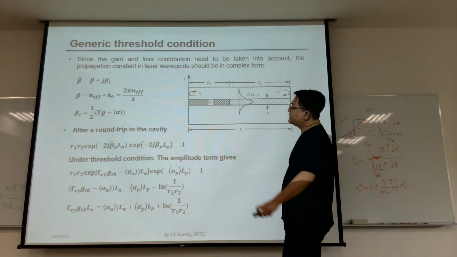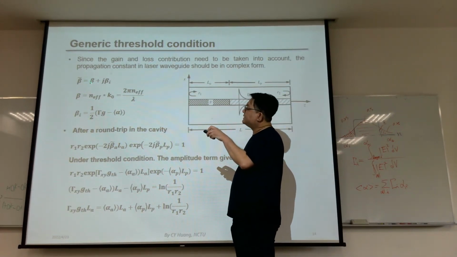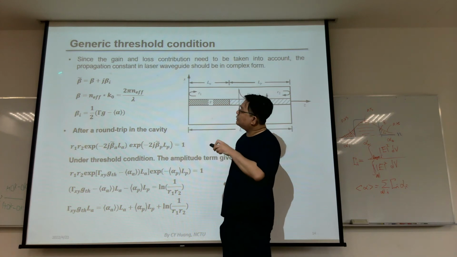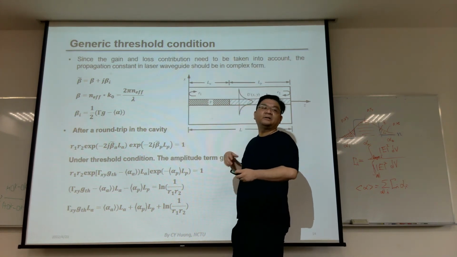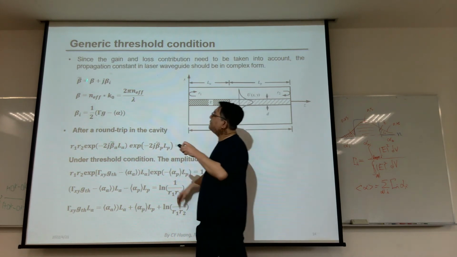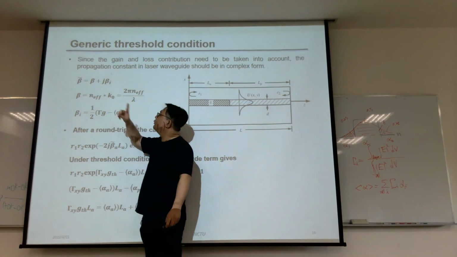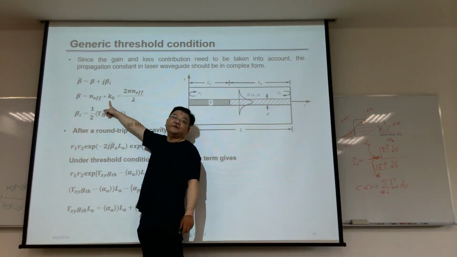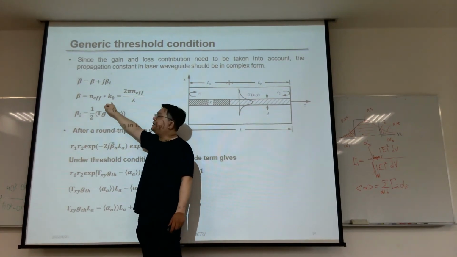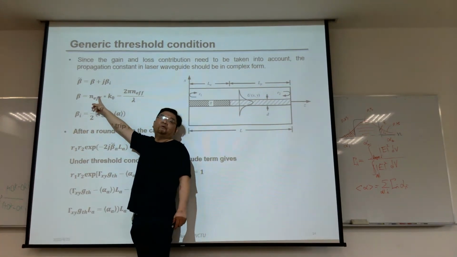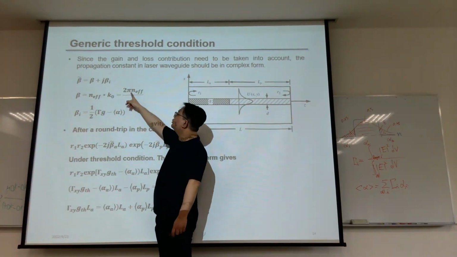Now we have the complex propagation constant like this. Beta, how do I say that? Wave? I don't know. We can have beta with a real part and an imaginary part. The real part is relevant to the phase. It will be k0, the wave vector in vacuum, times the effective refractive index of a specific mode. That will be 2 pi over lambda.